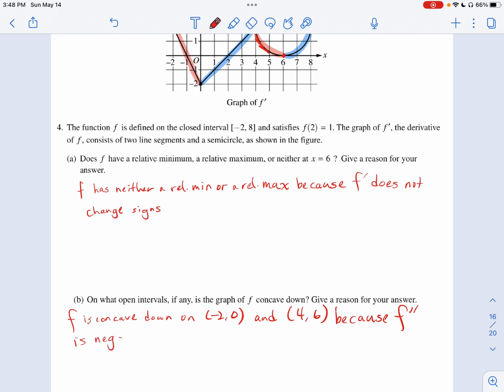Another way of saying this, and I'll write both though you only have to give one, is that f prime is decreasing. A lot of people might choose to use this language instead, that f prime is decreasing on these intervals.